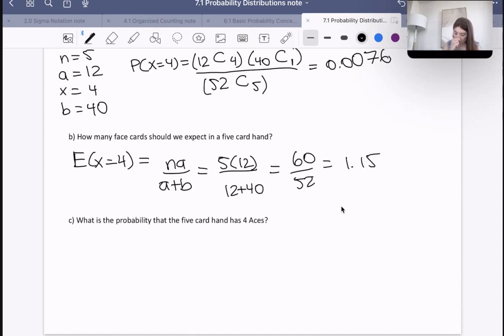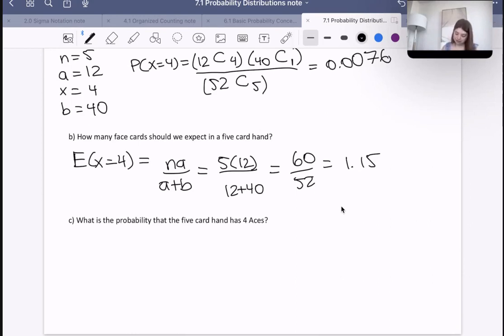Okay, so on average, we should expect about 1.15 cards, so just over 1 card in a 5-card hand. And so given that, it makes sense why it's not all that likely that we're going to end up with 4, right? If the expected value is 1.